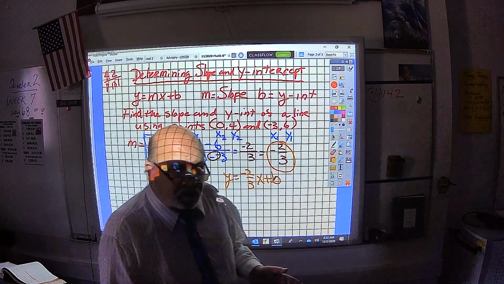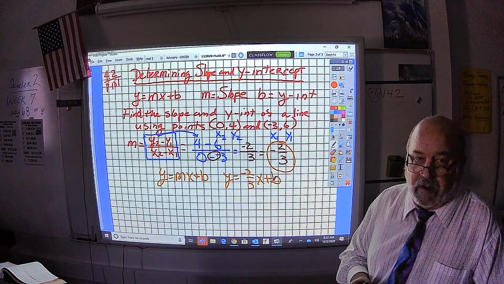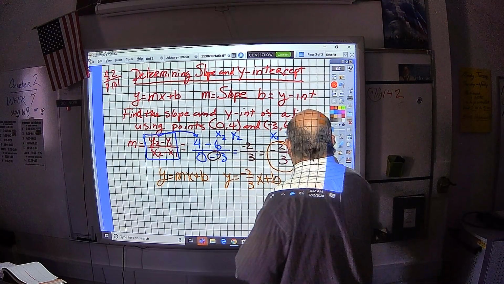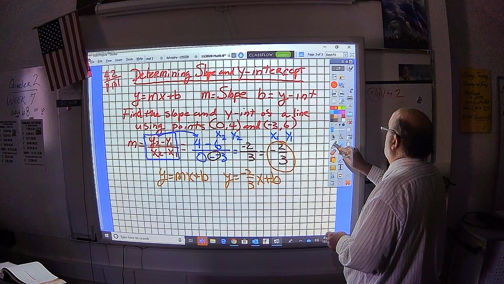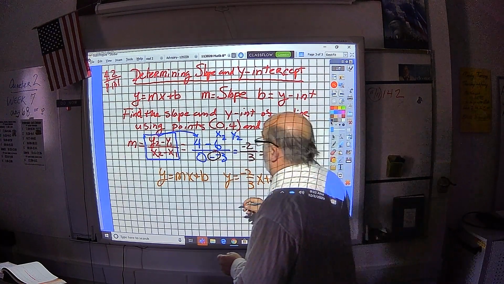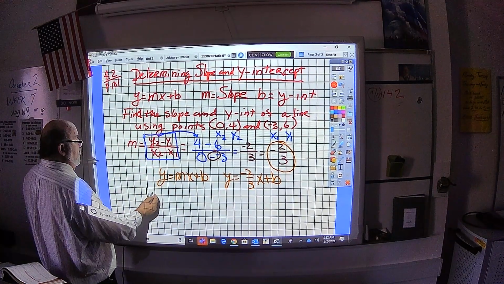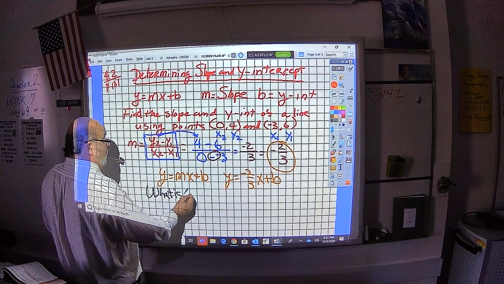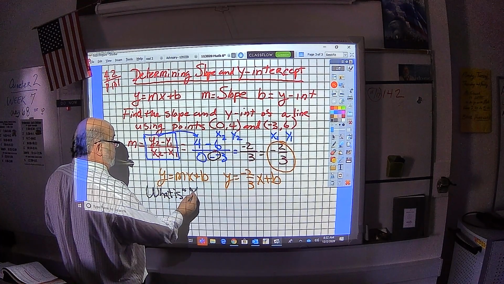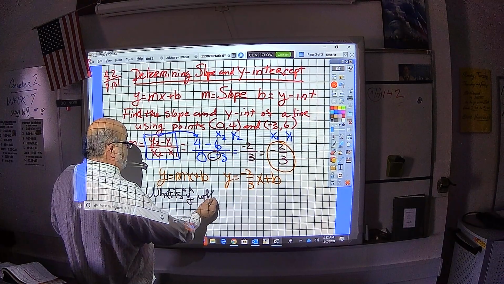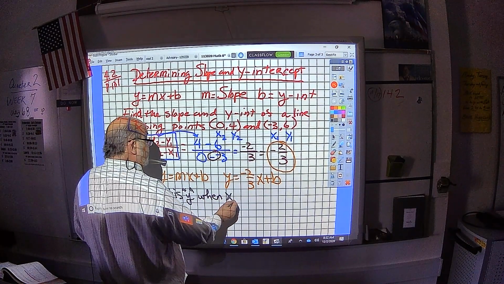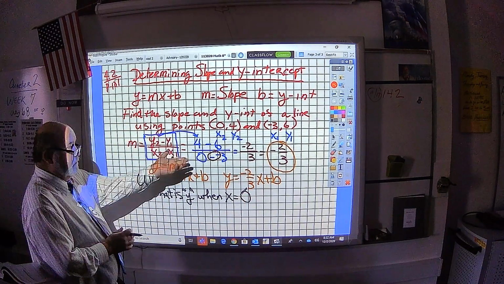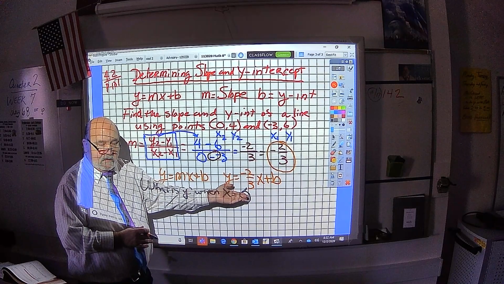Here's the easy thing about this particular problem. This particular problem tells us x equals 0. What is y when x equals 0? Because that's what it is, but let's look at it mathematically.